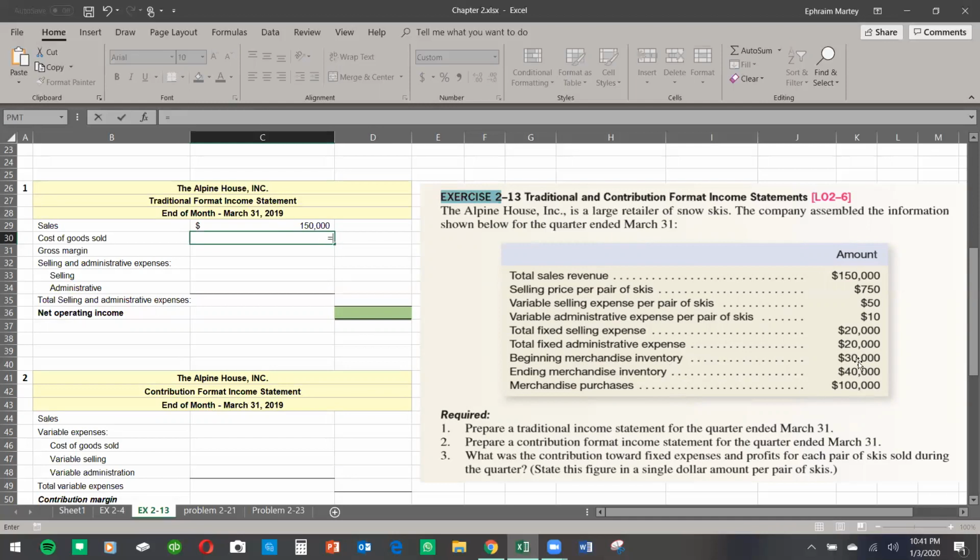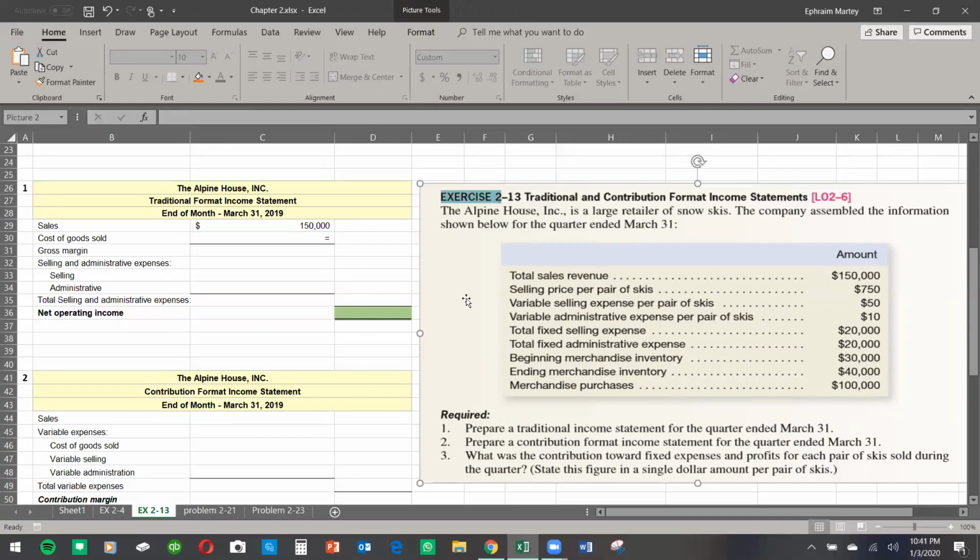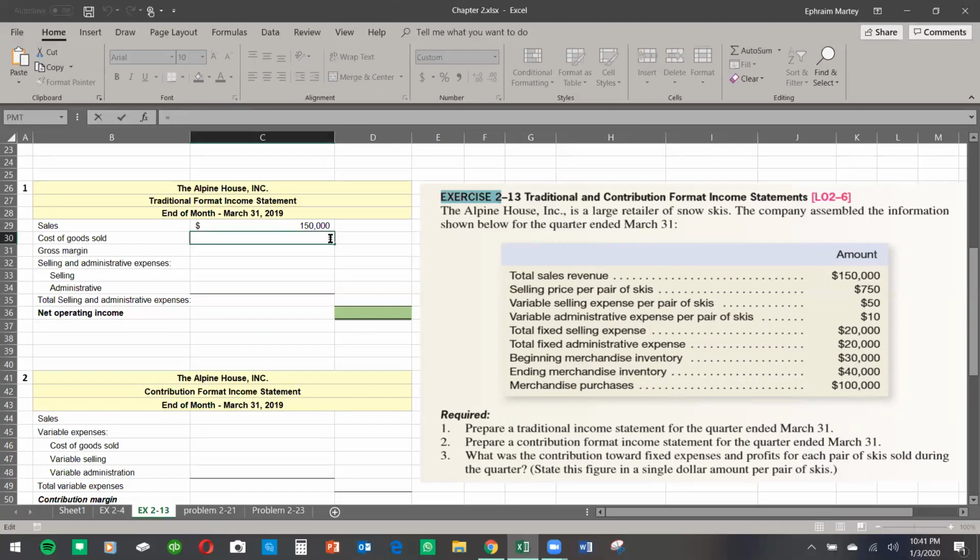So we will take the beginning inventory, which is $30,000, plus the merchandise purchased. So we have $30,000 at the beginning of the period, and we purchased $100,000. But at the end of the period, we have $40,000 of merchandise left.